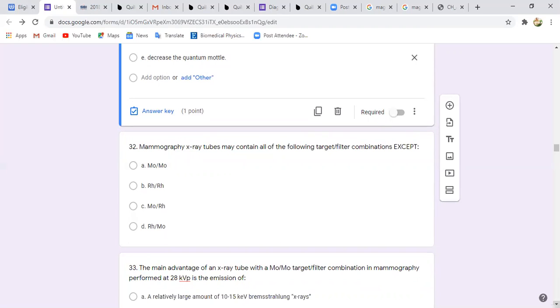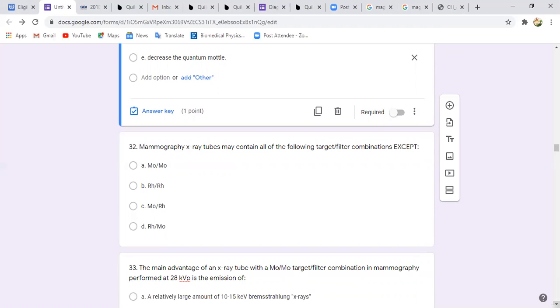Rhodium. Rhodium. Why is it Rhodium? It's Rhodium. Agreed.